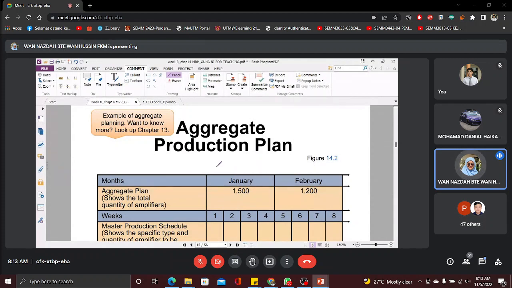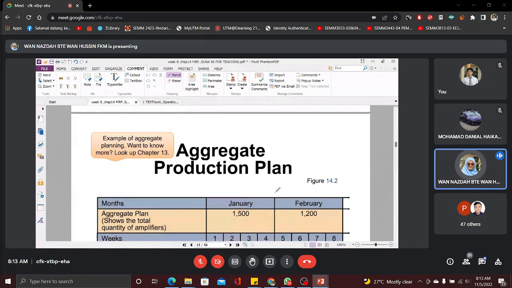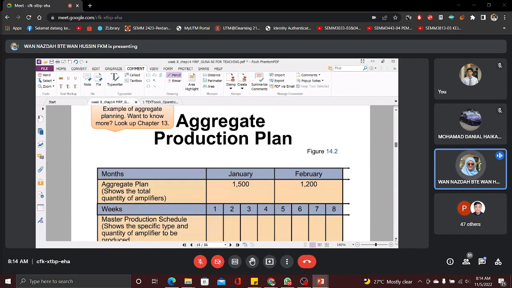For January, it consists of the total number of production, including all types of models produced in that month.